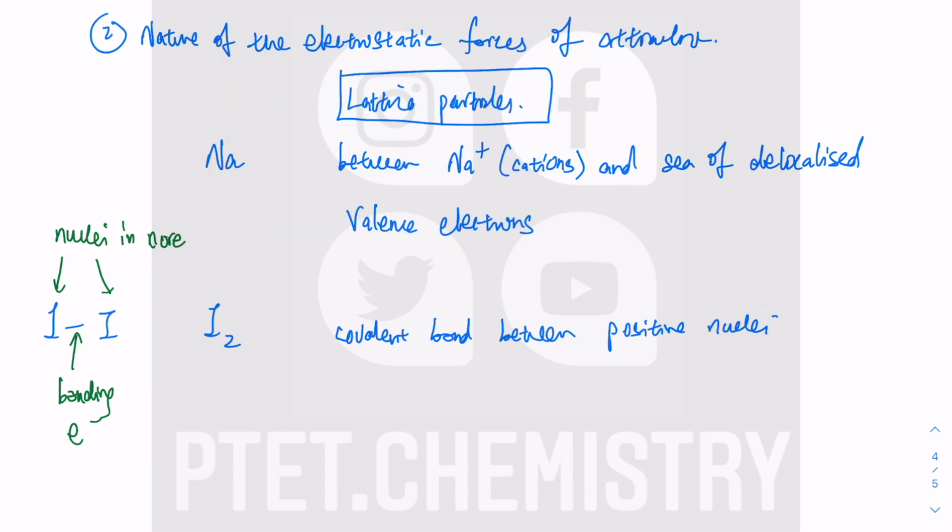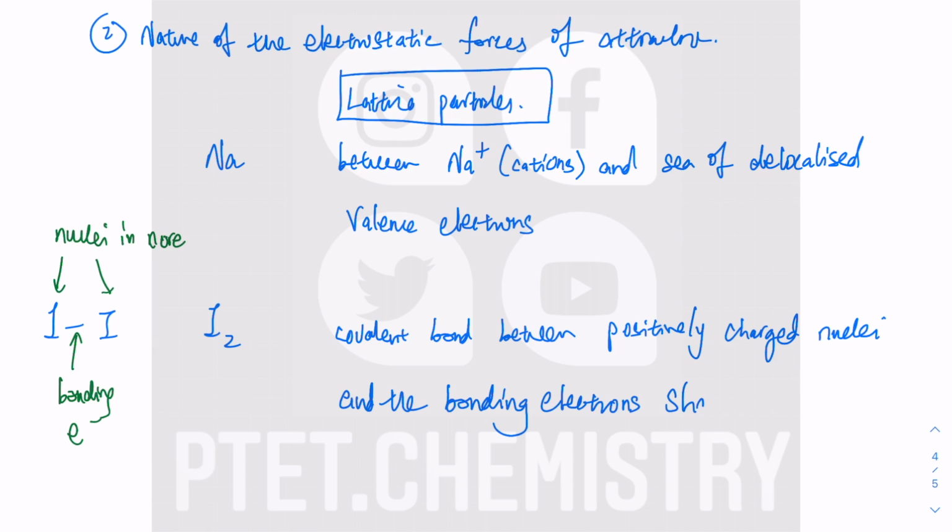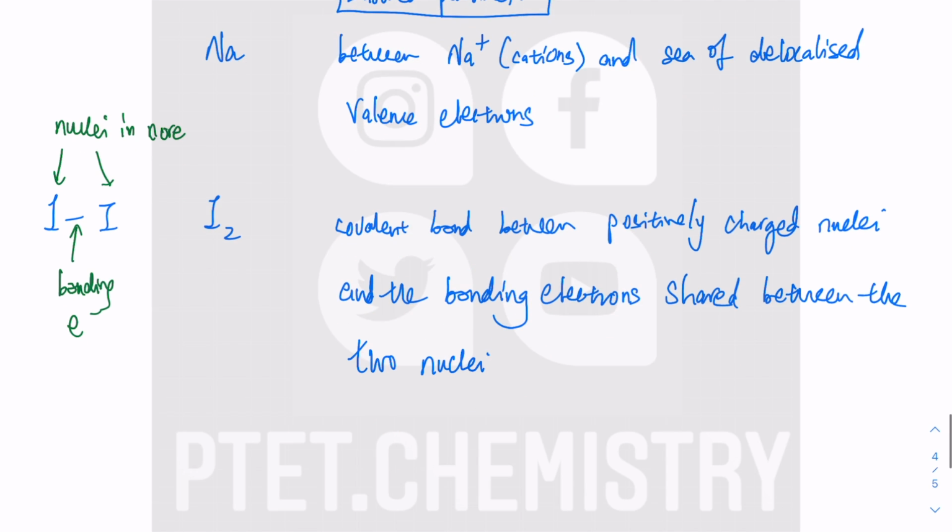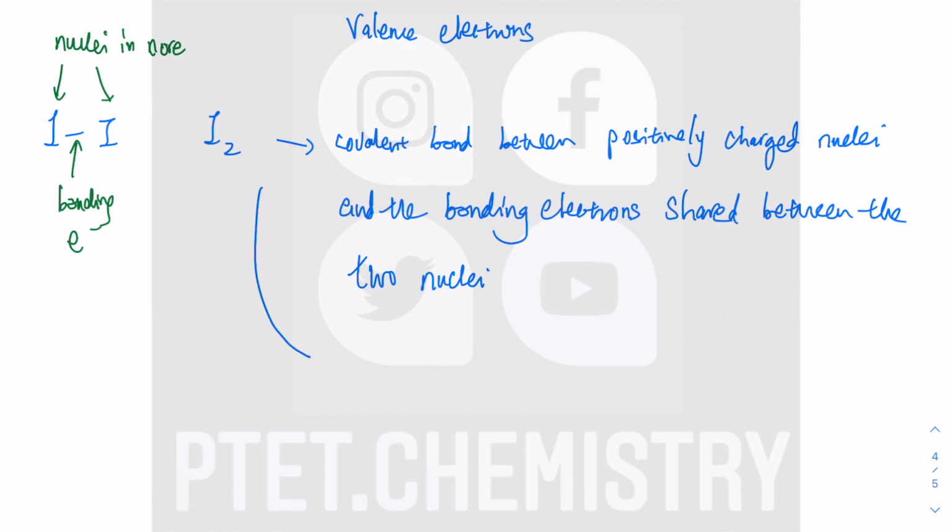Okay, so between the positively charged nuclei and the bonding electrons shared between the two nuclei. Again, this is just the definition of each of these bonds. Okay, but iodine also has another bond, but this is not an interatomic bond. This is interatomic between the atoms. The other one is an intermolecular force.